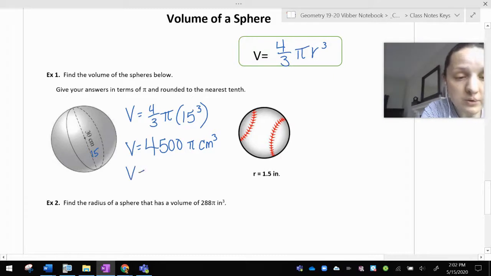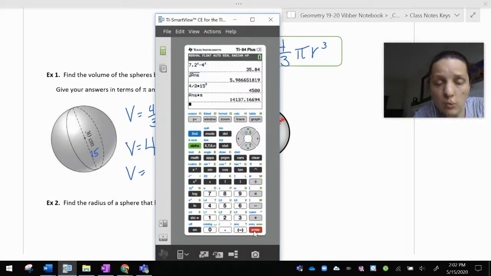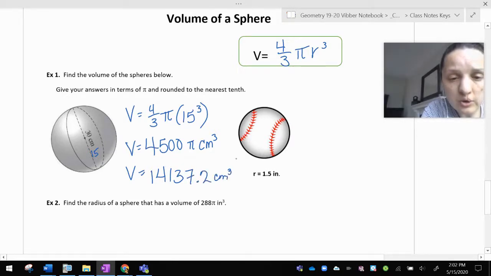Or if I want to round to the nearest tenth, if I do 4,500 times pi, I get 14,137.2. 14,137.2 cubic centimeters.